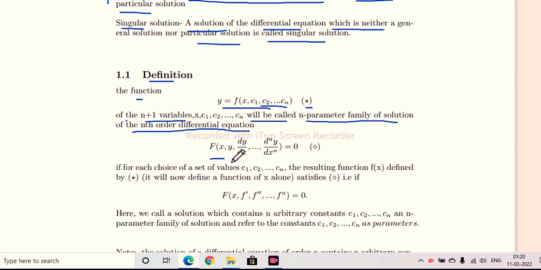If F(x, y, dy by dx, up to d^n y by dx^n) equal to 0, call this diamond, this is the notation of diamond in LaTeX.